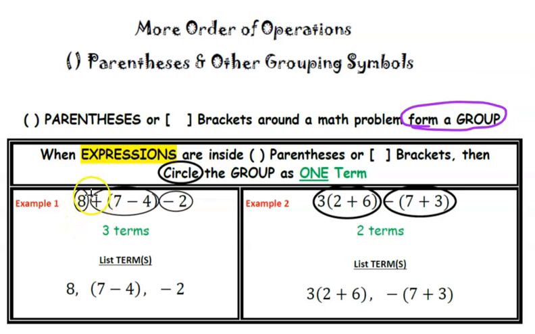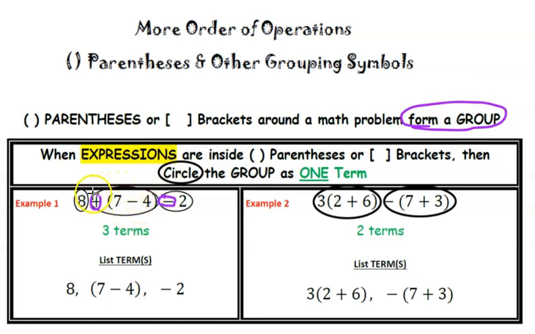8 plus, here's that plus sign, then the quantity. That's how we read it when parentheses appear. 8 plus the quantity 7 minus 4, minus 2. So the plus signs that we're going to focus on for this section are right here and right here, because they are separate. This minus sign is inside parentheses.